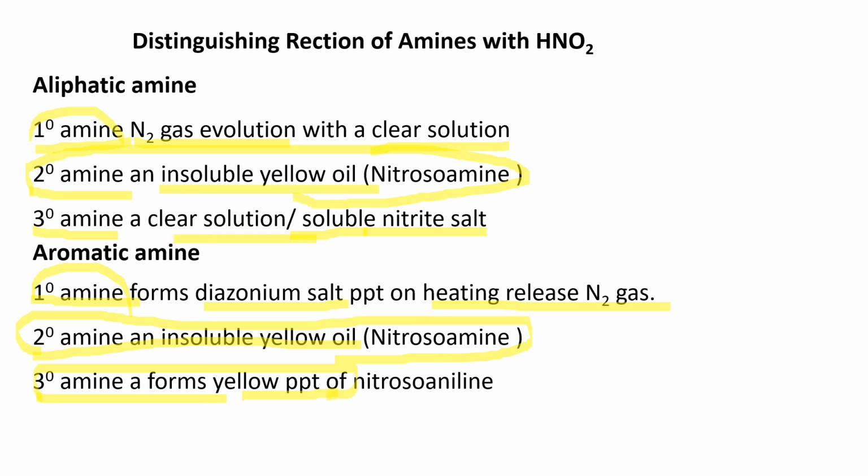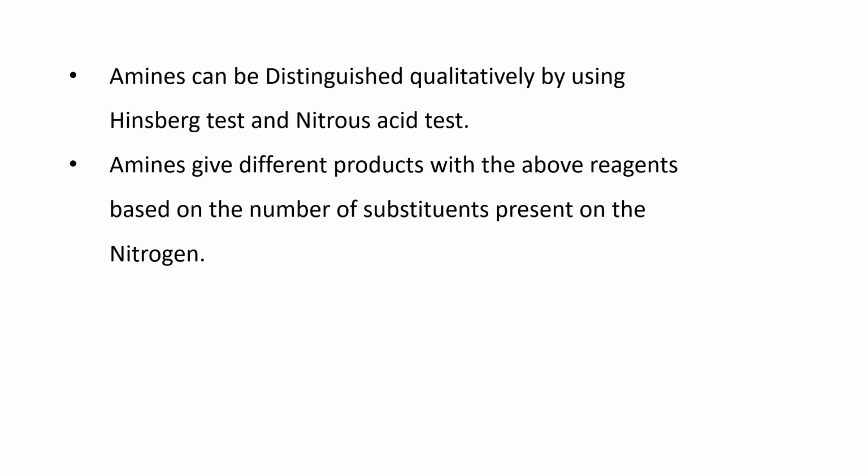So this is how amines can be distinguished using HNO2, the nitrous acid test. Now you know that different classes of amines can be distinguished qualitatively by using the Hinsberg test and the nitrous acid test, where different classes of amines give different products with these reagents, that is nitrous acid and the Hinsberg reagent, benzene sulfonyl chloride, based on what?